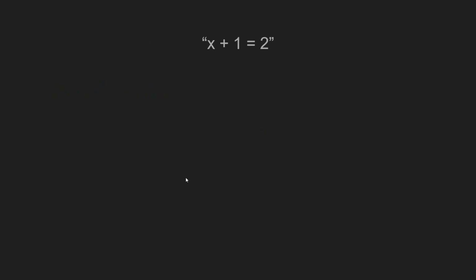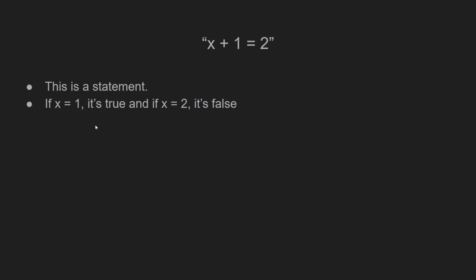Our last example. x plus 1 equals 2. This is a declarative statement because x plus 1 equals 2 could be true or false. So, if you set x equals 1, the statement will be true.